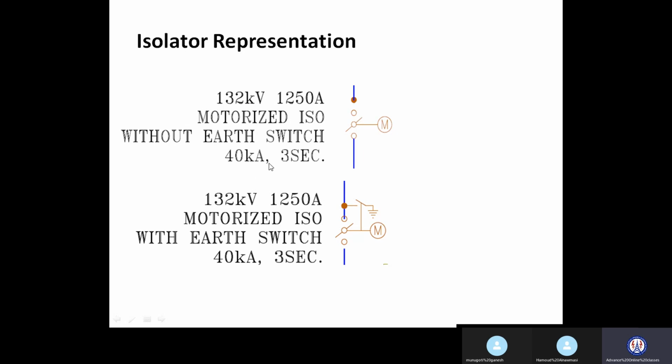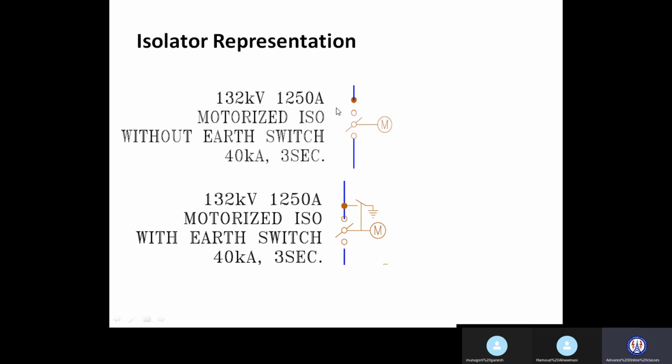Now you have two types of isolator. The first is the motorized type, and the second is the manual type. In a manual isolator, you open the blades by a manual method, with the help of a handle.